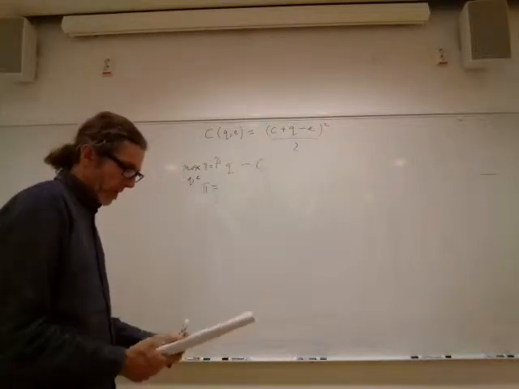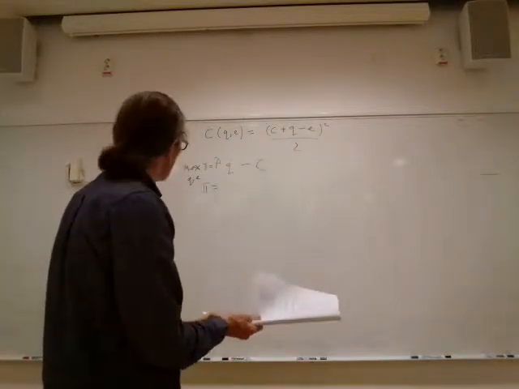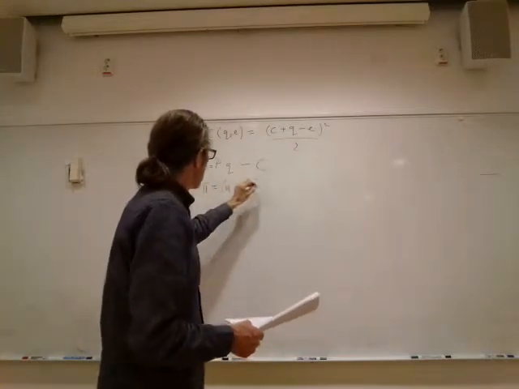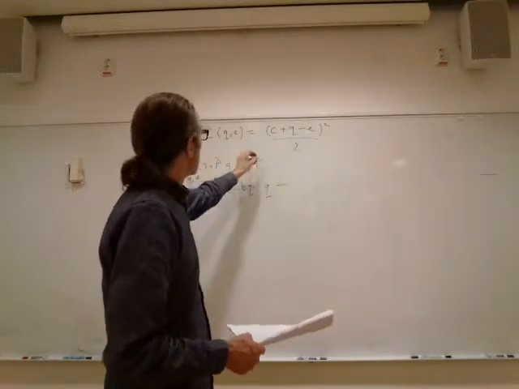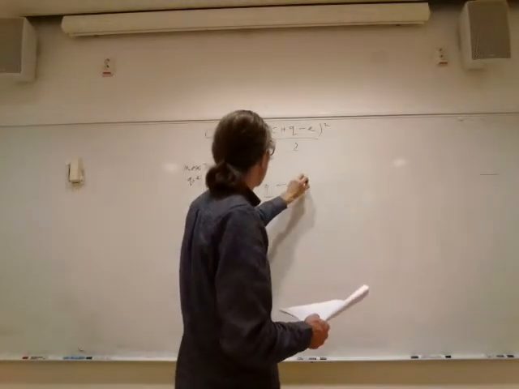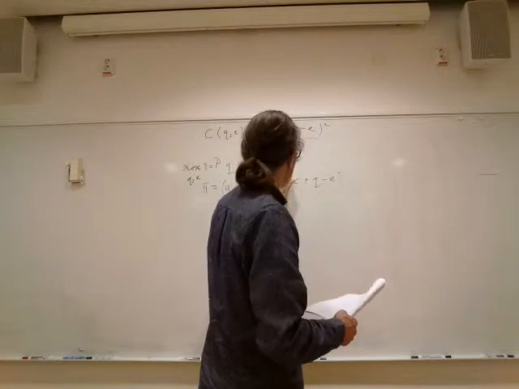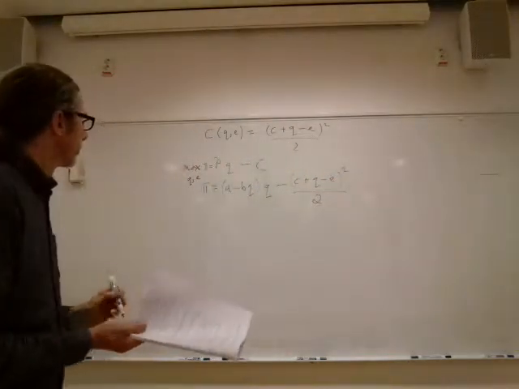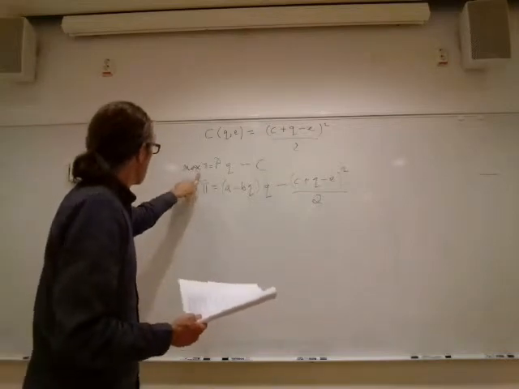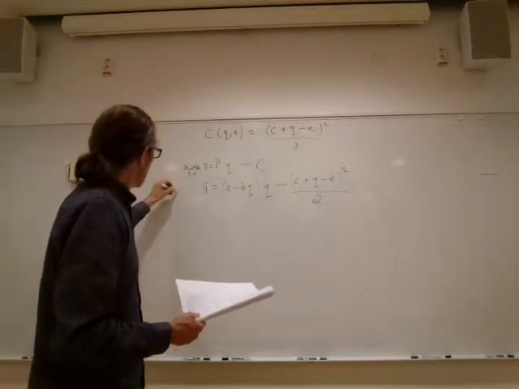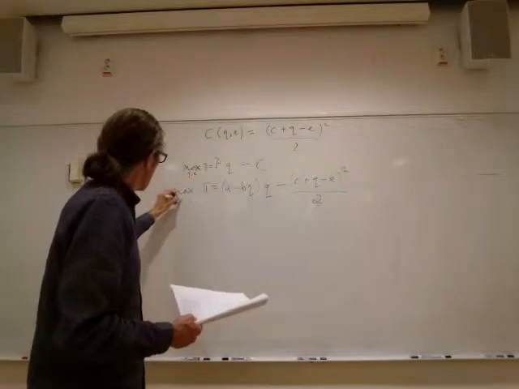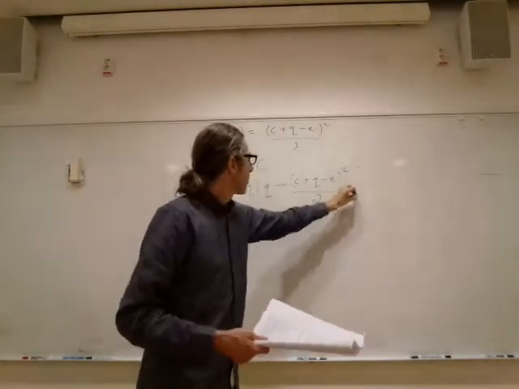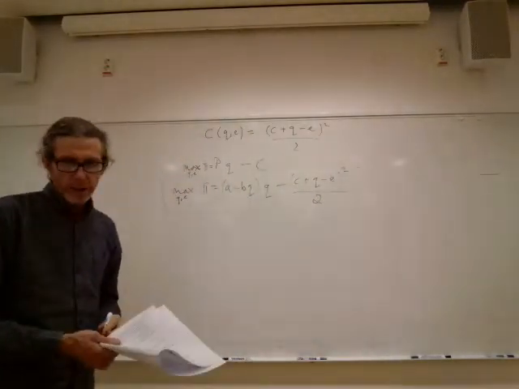We've been told that P is A minus BQ, times Q minus costs, which is minus C plus (Q minus E) squared over 2. So this is the firm's problem, I do believe.